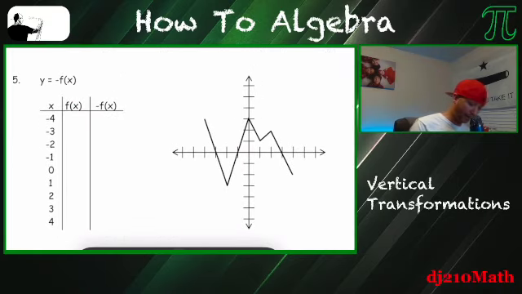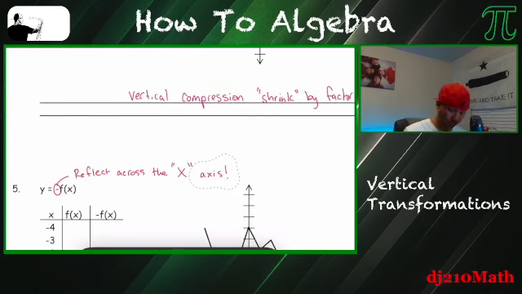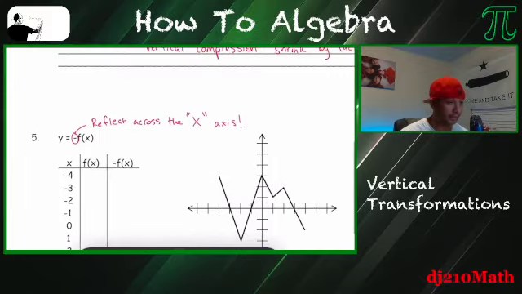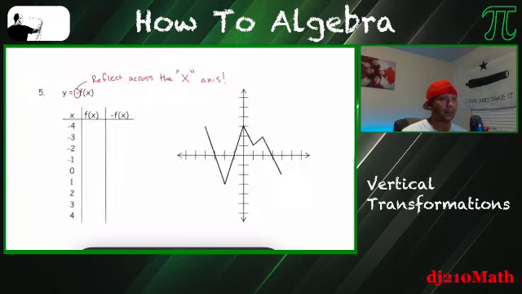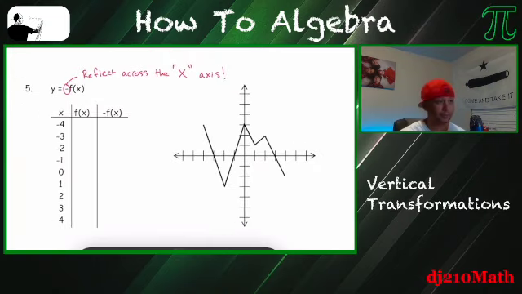All right, number 5. When we have a negative outside, this is going to reflect across the x-axis. The way that I like to think about it is, everything vertical outside of the f of x is an up and down motion.